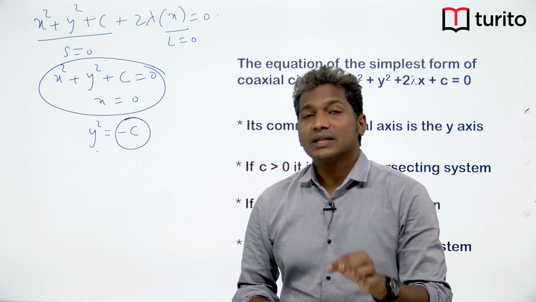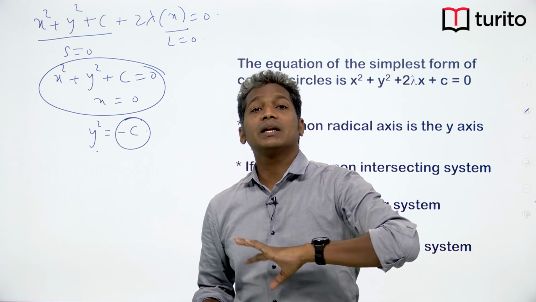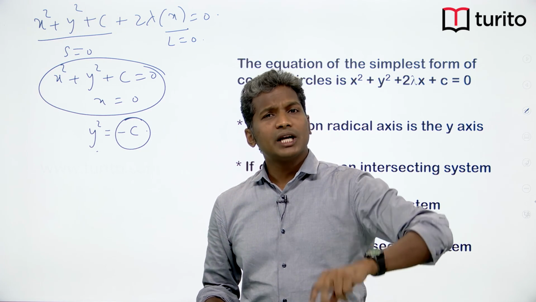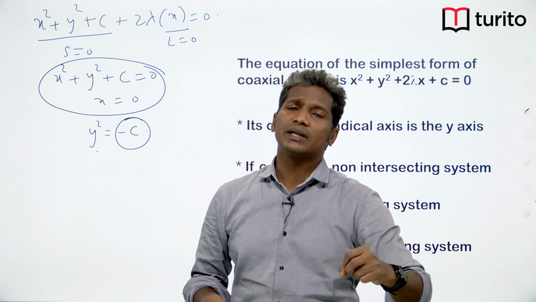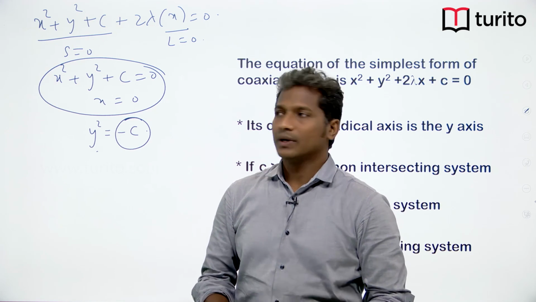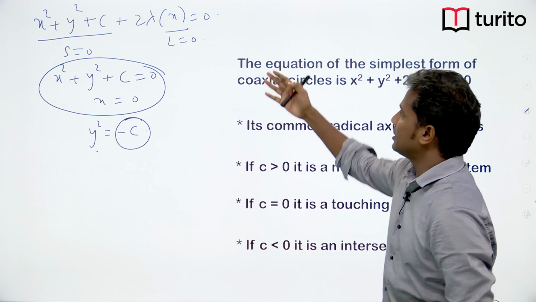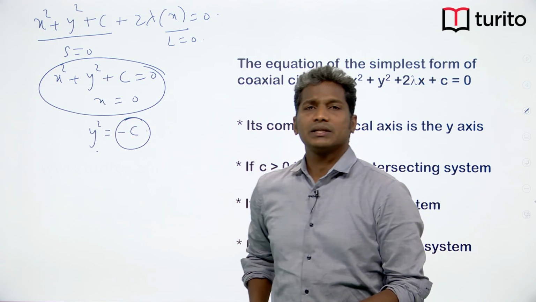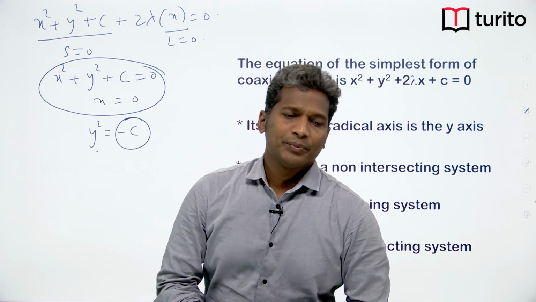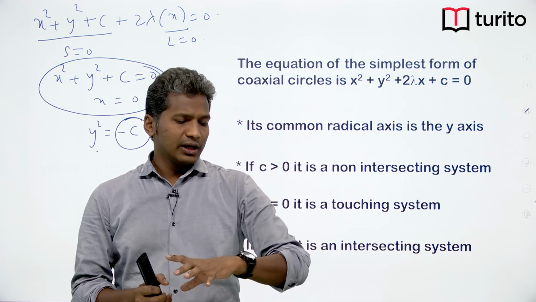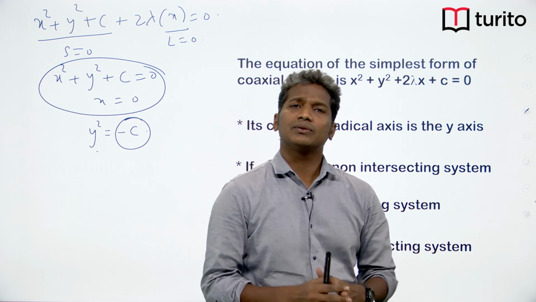So, in that system there are not just 2 circles, there are infinite circles. But if you select any 2 circles, they are going to intersect at the same points. So, this is the basic idea of the coaxial system of circles. In today's lecture, we are running short of time, so I am closing the lecture.